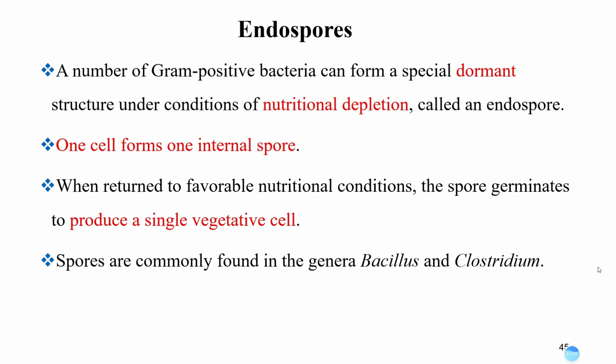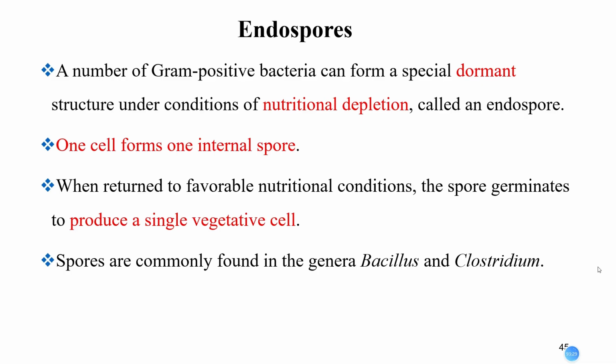When the condition is becoming better, like a favorable condition, for example, when the nutrients are getting better, the endospore can germinate. Okay, germinate means that they can form replicating cells. They produce a single vegetative cell.